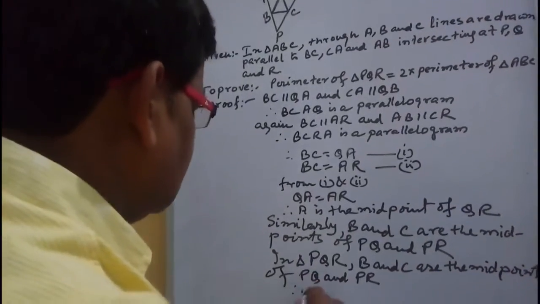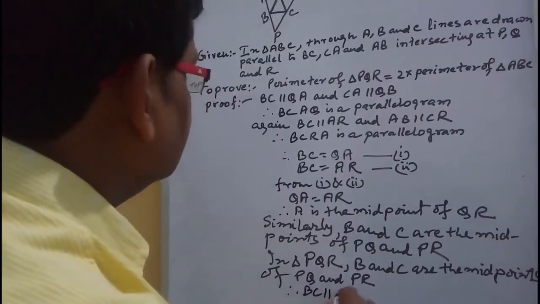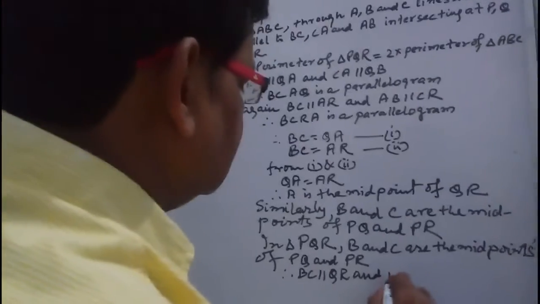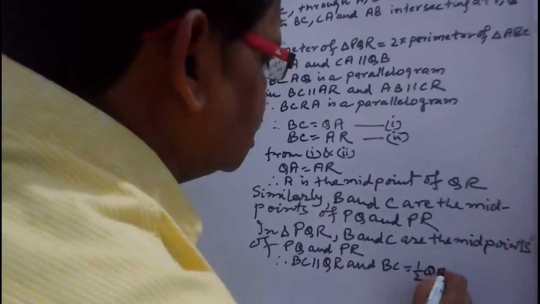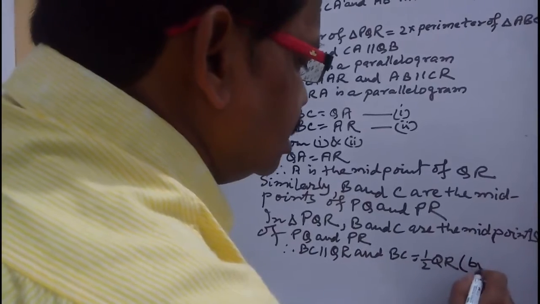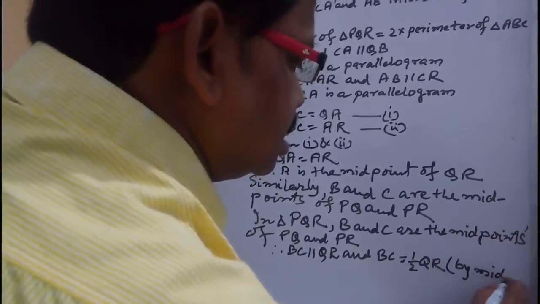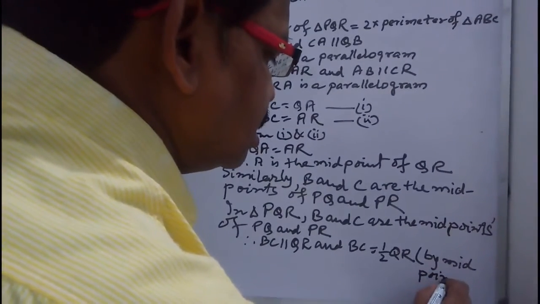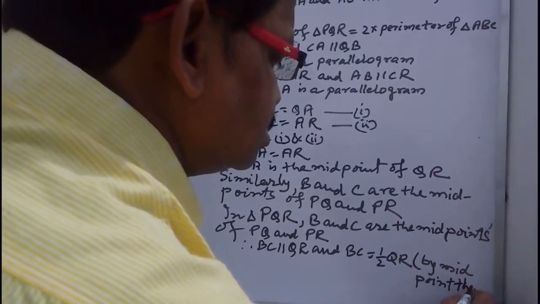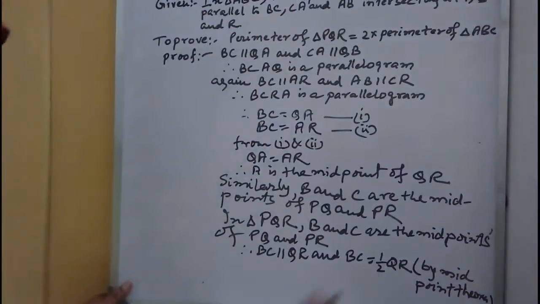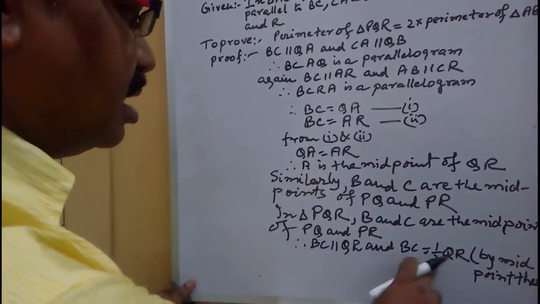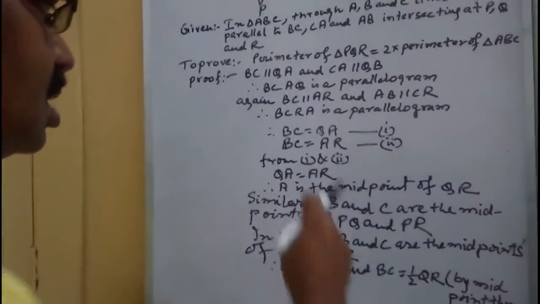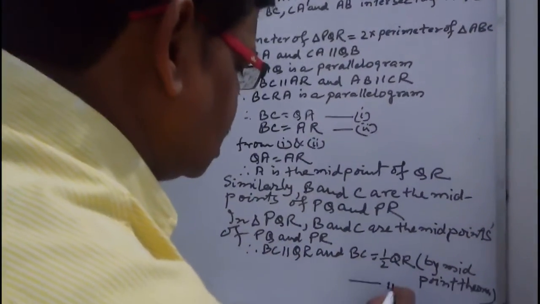Therefore, BC parallel to QR and BC equal to half QR by midpoint theorem. So these two become parallel and half of it by midpoint theorem. So take that one, Roman 3.